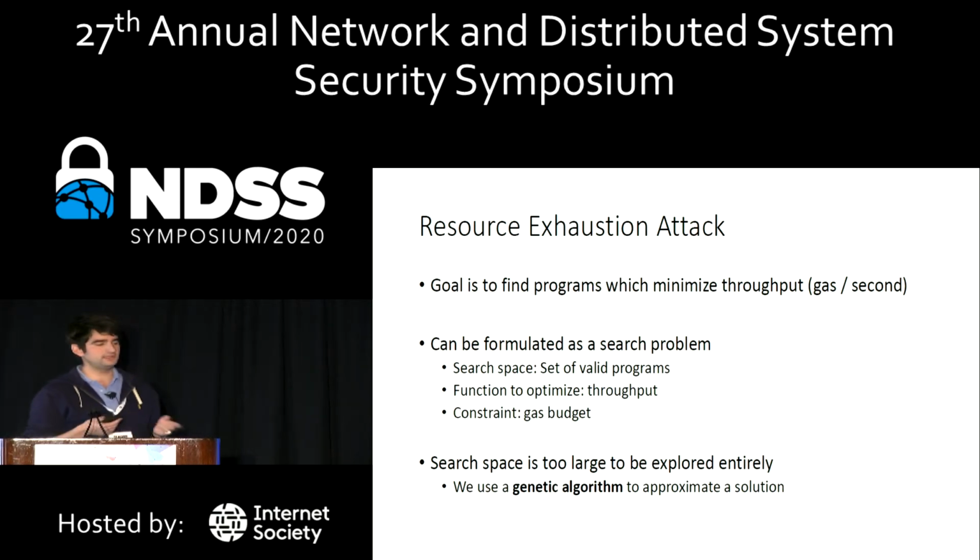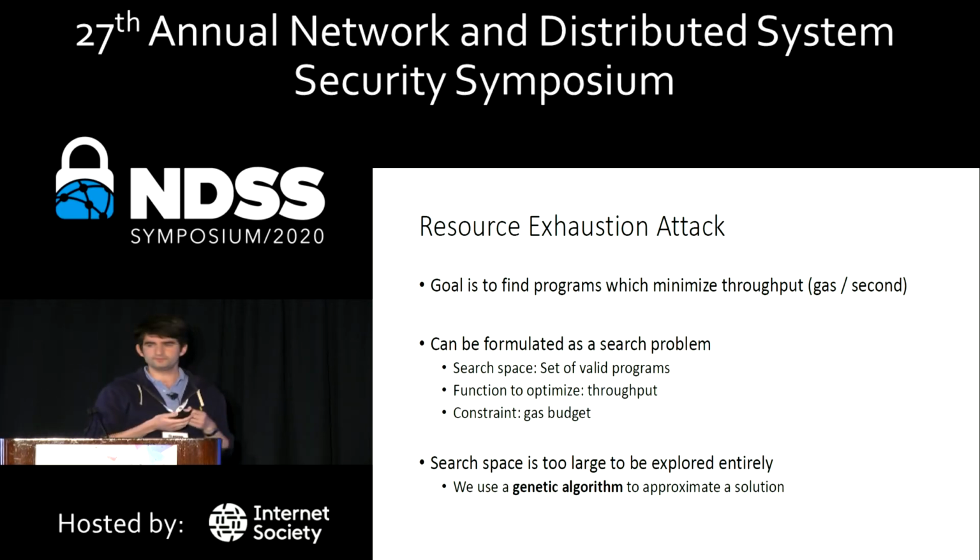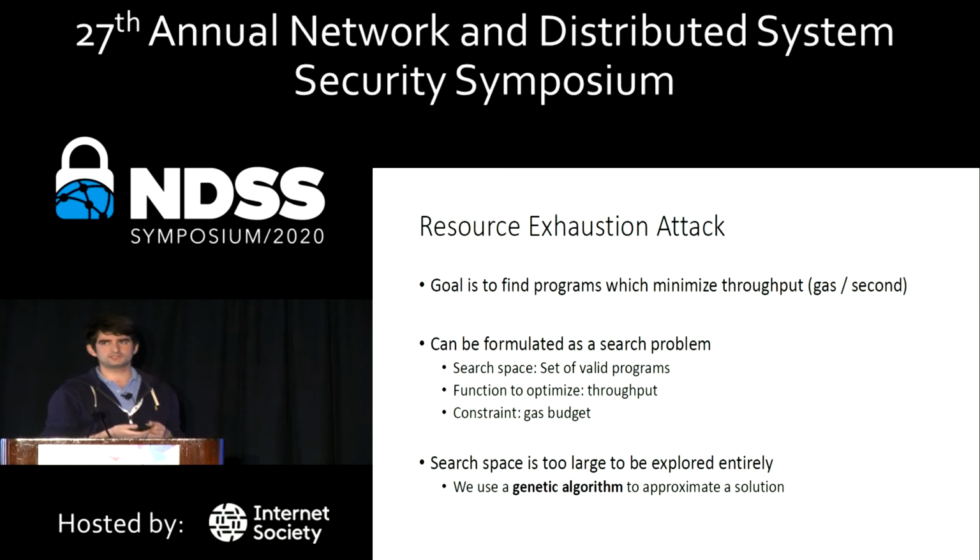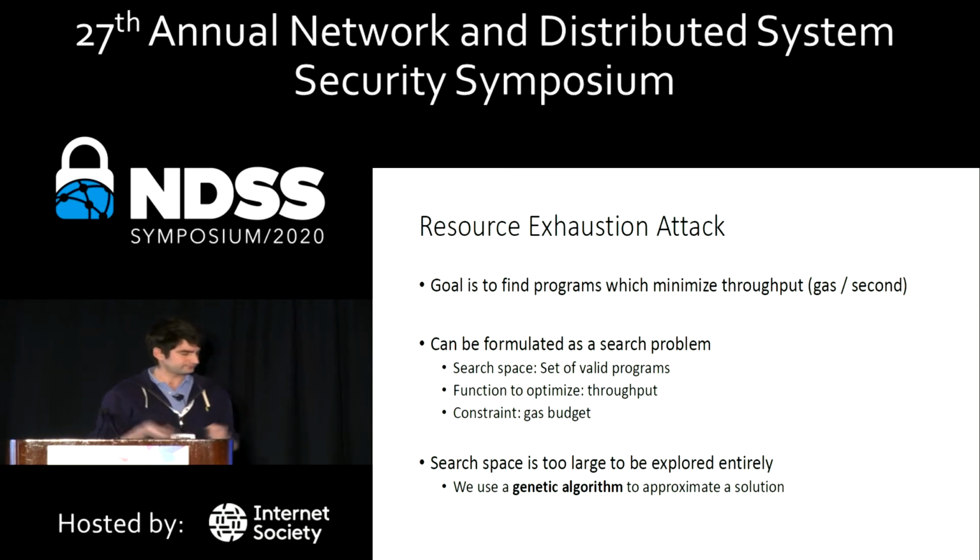This can be fairly easily expressed as a search problem. We have our search space, which is the set of valid programs. For a program to be valid, it needs to be executable by the EVM, so there are a couple of properties, for example the number of elements on the stack, and a few things that we'll talk about.